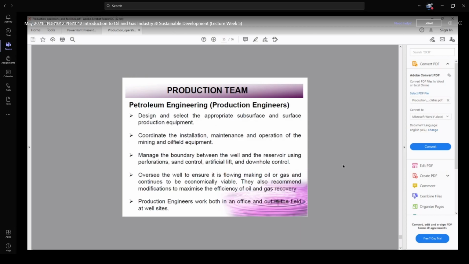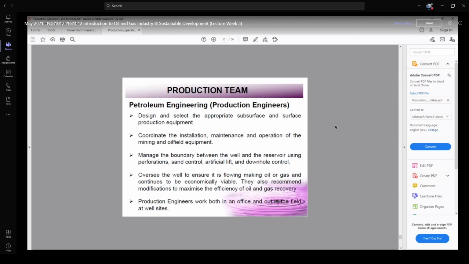Last but not least, the most important for the oil and gas industry is the production engineers. A production engineering team normally comprises the production engineers, right? They are responsible to design and select the appropriate subsurface and surface production equipment. They are responsible to coordinate the installation, maintenance and operation of the mining and oil field equipment.